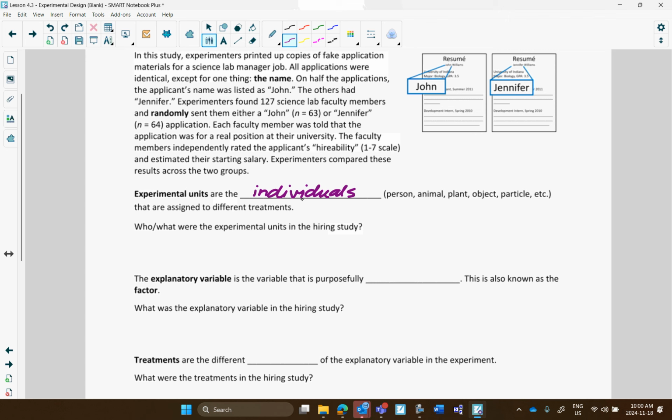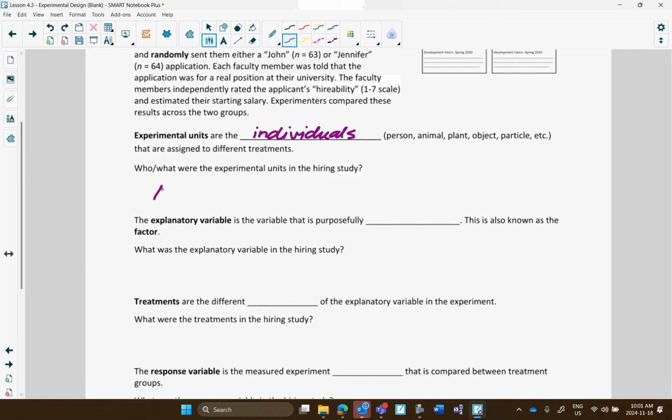Plants, objects, particles, etc. So, who were the experimental units in this study? The faculty members.